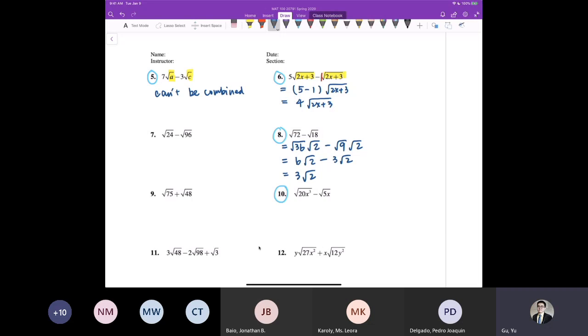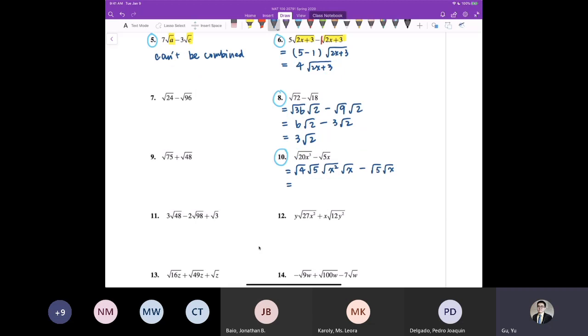Number 10. Radical 20x cubed minus radical 5x. Same thing. Break down radical 20 into radical 4, radical 5. And then break down radical x cubed into radical x squared and radical x, minus radical 5, radical x.